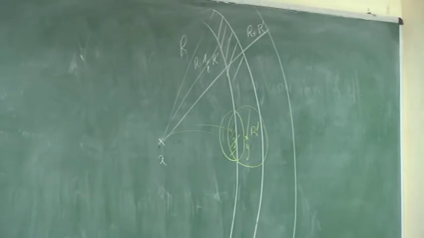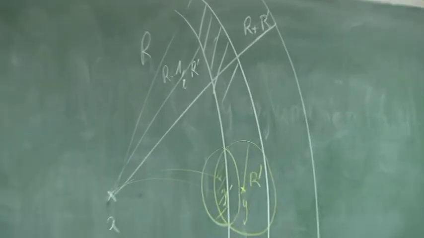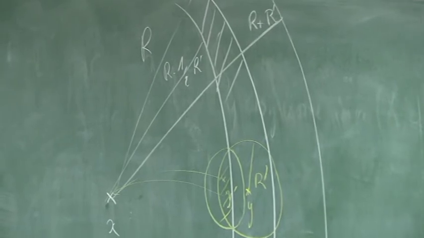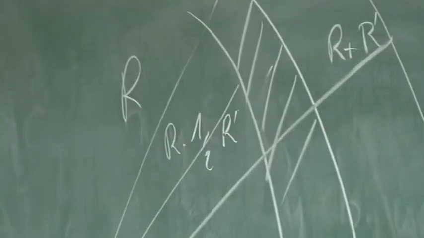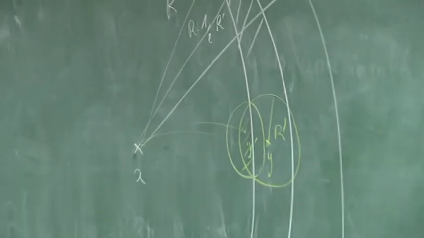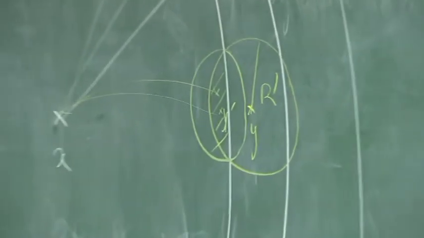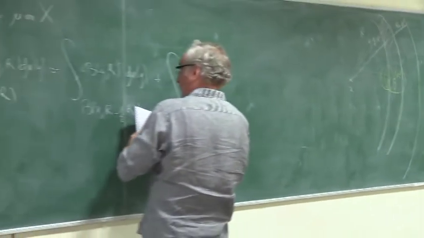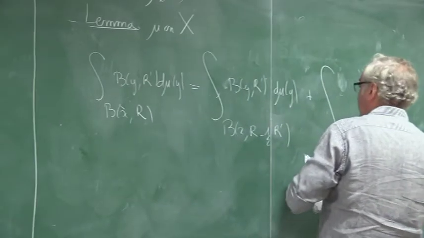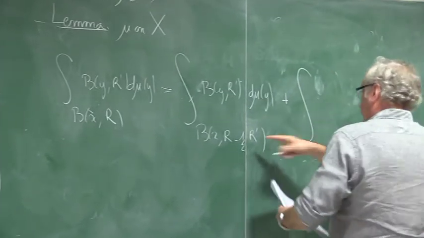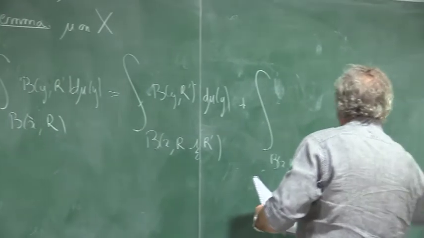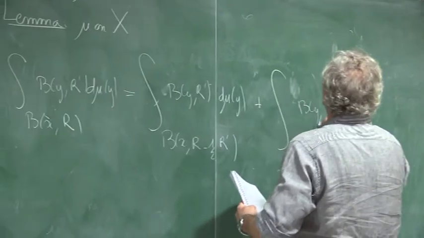And I will decompose this into the sum of the integral on b of x, r minus 1/2 of r prime of the same quantity, of course, d mu y, plus the integral on b of x, r minus, but this one, b of x, r minus 1/2 of r prime, and of the same quantity.